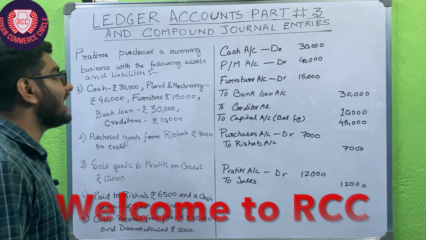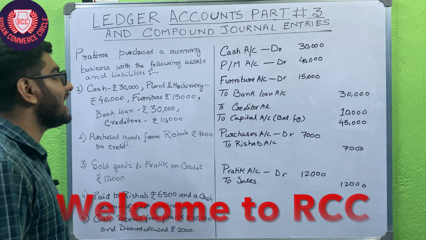We are buying it from Rishabh, right? So purchases account debit to Rishabh account. So who is Rishabh students? Please pause the video and comment it down. Rishabh is basically our creditor. That means we are purchasing the goods on credit from Rishabh, right? So that's why the creditor is increasing, that means liability is increasing, so we are crediting it. So to Rishabh account 7,000 and 7,000.